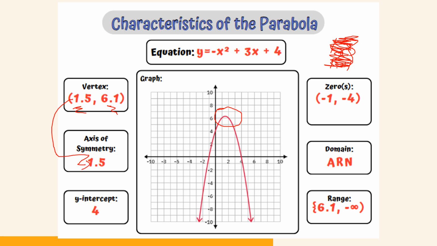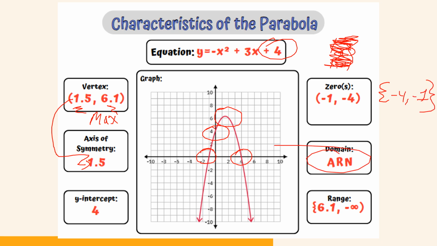The x value from our vertex is 1.5. Once again, our vertex, since we're climbing a hill, has got a maximum value. Our y-intercept is 4. And then our zeros are good lattice points. -1, -4. Should have been written as -4, -1.